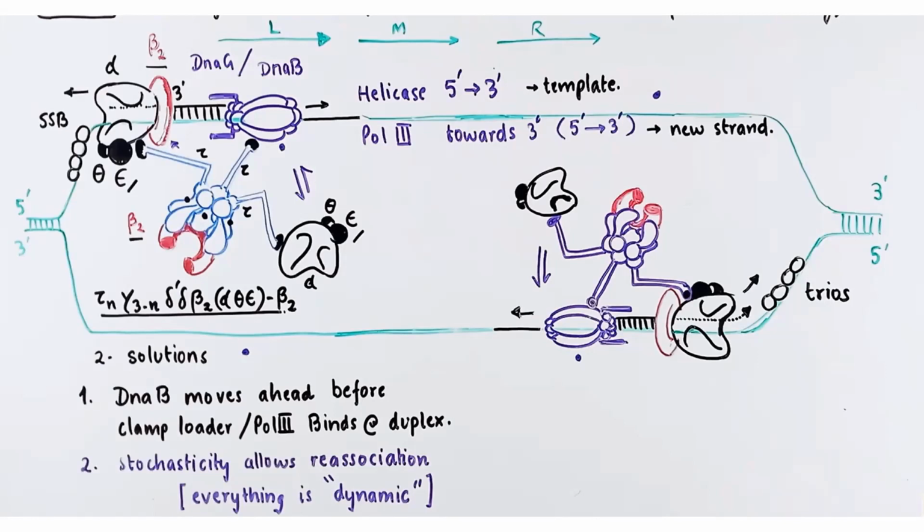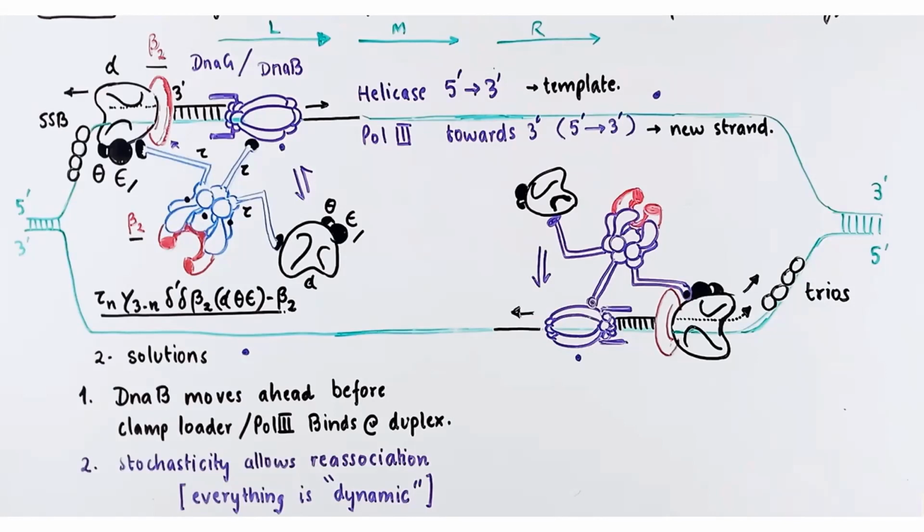As the clamp loader, after the ATPase activation, releases itself from the clamp, we also said that at the beginning, the ponytail of the tau protein binds to helicase as well as the DNA polymerase alpha core.